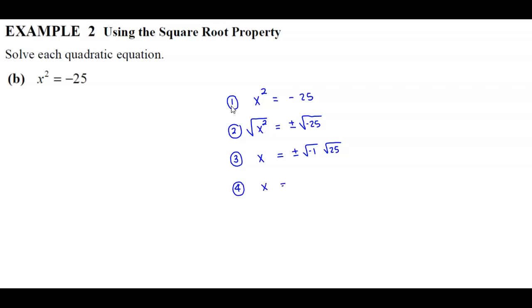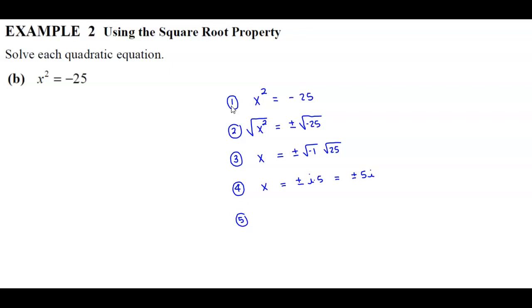Well, we know that it's going to be plus or minus. We know that the square root of negative 1 is i. And then what do I need to square to get 25? Well, the answer is 5. Now, we're not going to leave it that way. We want to write it in this form where it's plus or minus 5i. So therefore, we have our two solutions.